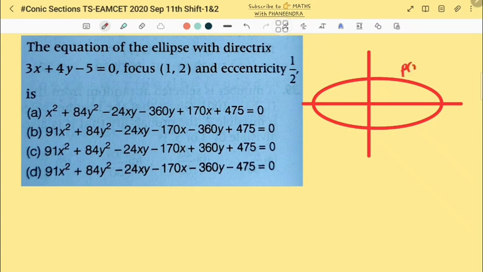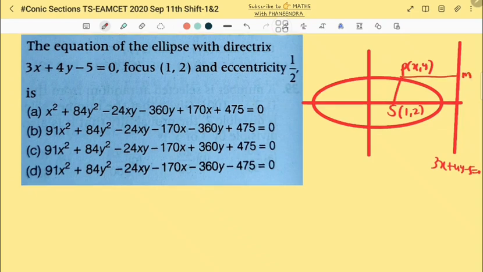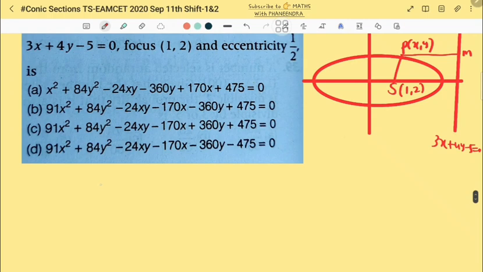Let us consider one point x comma y, and this is the focus 1 comma 2. This is the directrix, whose equation is given as 3x plus 4y minus 5 equal to 0. So this is PM. SP by PM equal to e concept, if you apply, you will get it, dear students. Whenever the point is lying on the ellipse, SP by PM equals e. The eccentricity value given is 1 by 2. So SP is equal to 1 by 2 into PM.